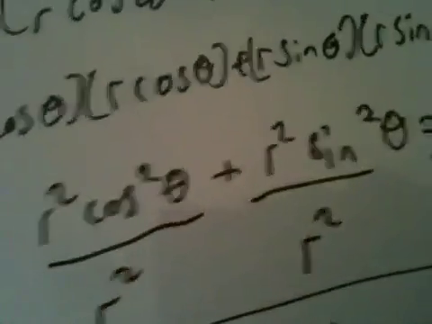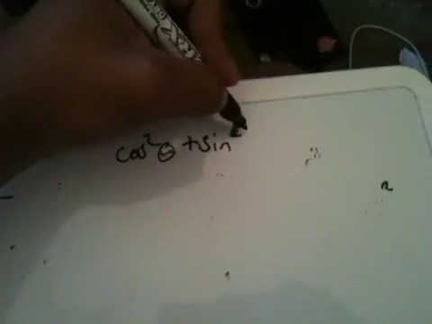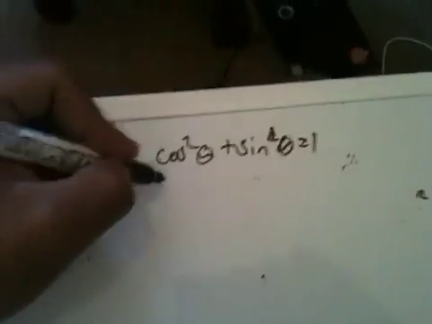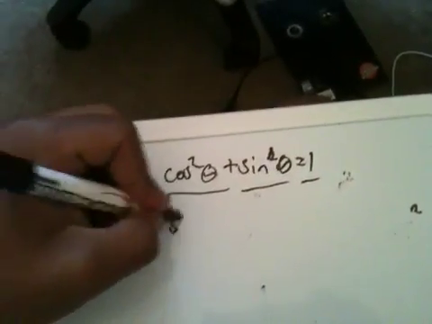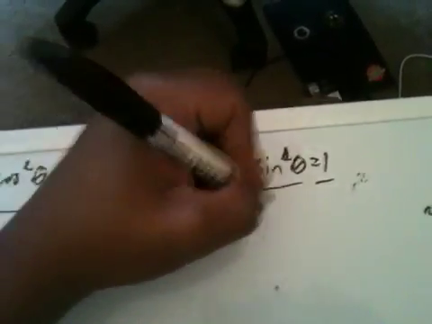And you can also generate, let's erase this stuff up top since we already have the proof done, another identity by going through the same thing, except instead of dividing through by the cosine squared of theta, you divide through by the sine squared of theta.